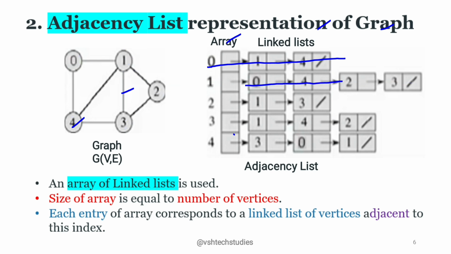Here whatever be the order of connection, for this one 0, 4, 3, 2 must be listed in the linked list. So hence for vertex 1, there must be 0, 4, 2, 3 because all 4 are adjacent to 1.